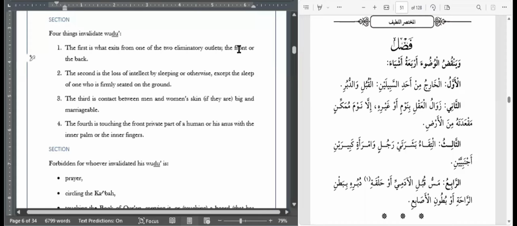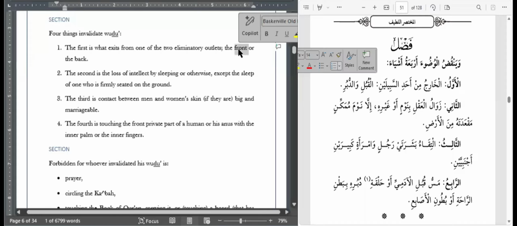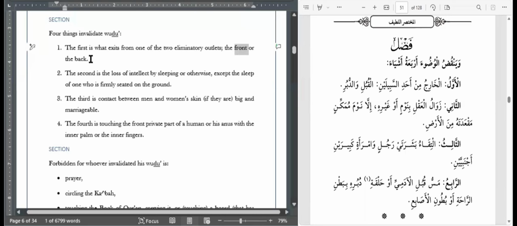The male and the female both have a qubul, meaning the front private part, and the male and the female both have a dubur, the back private part. Okay, that's clear. Anything that exits from there, anything that comes out of there.